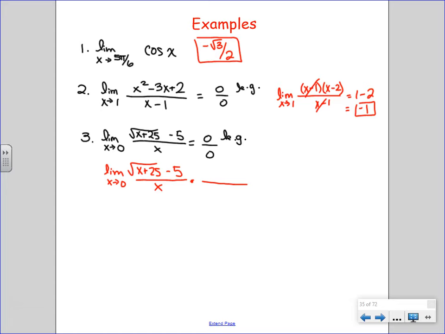Until you plug in, then you can drop the limit. Okay, we have the work now.